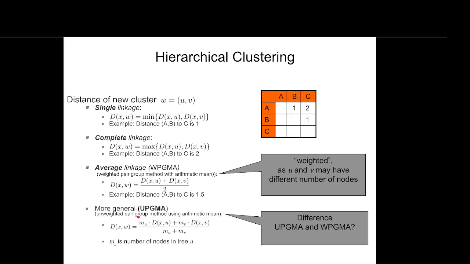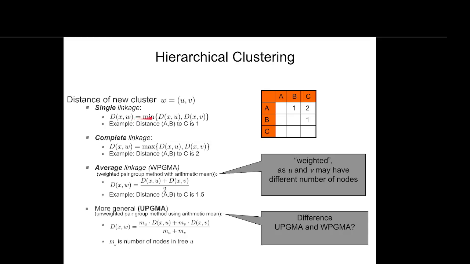Now, what do the linkage methods do? So if we form a new cluster and we create that new node W that merges U and V, then we have to update the distances between other nodes X and the new node W that we introduced. That is not defined per se.